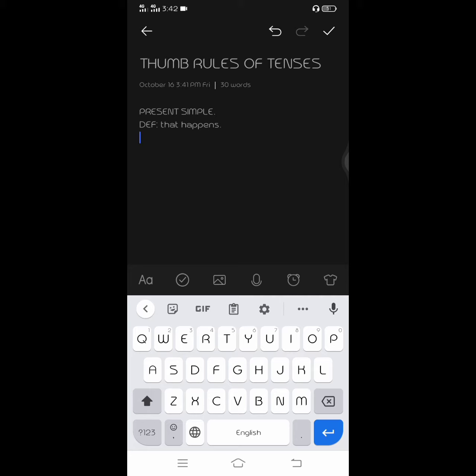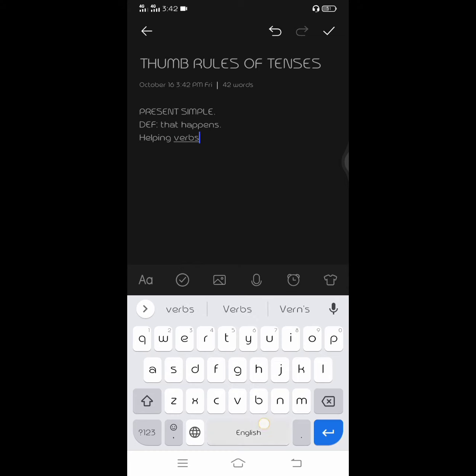When you talk about something that happens, you use present simple tense. Let's talk about it in Urdu or in Hindi. So it's going to be जो होता है. अब जो कभी भी होता है, कहीं भी होता है, कैसे भी होता है, for that tense we use present simple tense. So this is a two-word definition of it.